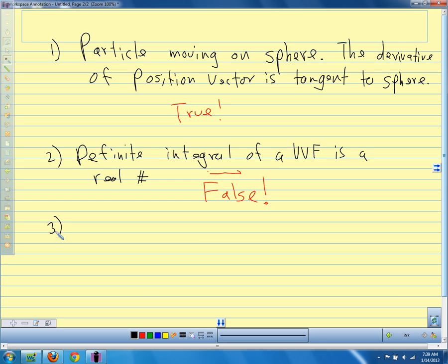This one's a good one. The derivative, d/dt, of the magnitude of r of t equals the magnitude of the derivative of r of t. I had one false.